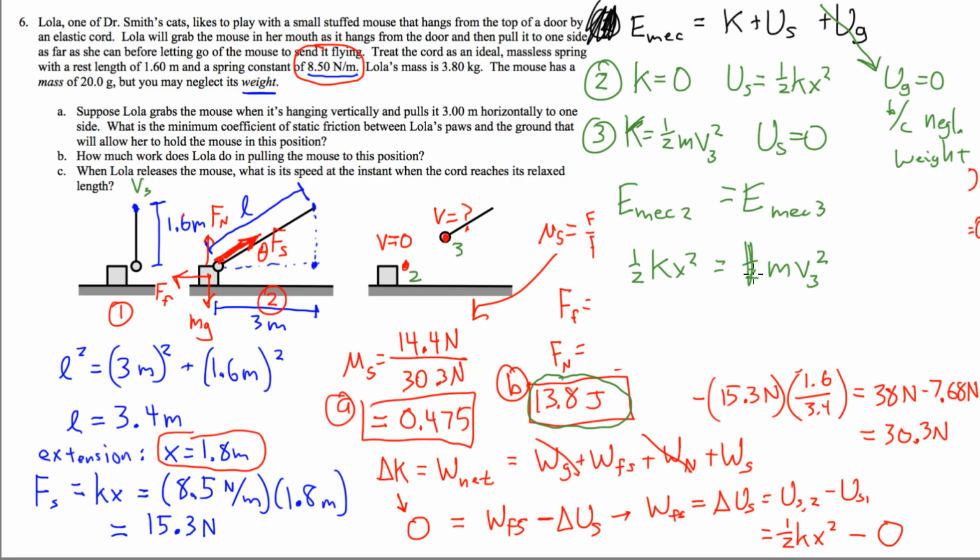Obviously the 1/2s go away. Or, actually, you could not do that. You could just say we know this is 13.8 joules on the left. So I'm just going to leave it as 13.8 joules equals 1/2 times the mass of the mouse, which is 20 grams, so 0.020 kilograms, times v3 squared.